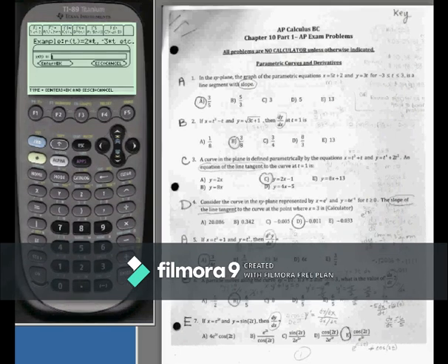Problem 7. Enter the variables: x equals e to the 2t, and y is sine of 2t.